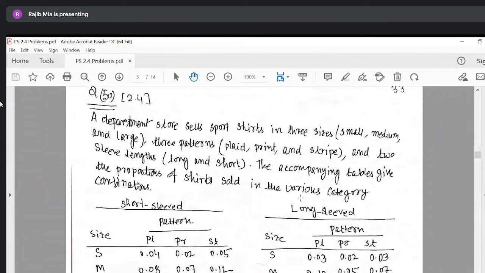Now see this question number 50. A department store sells sports shirts in three sizes: small, medium, and large. Three patterns: plain, print, and stripe, and two sleeve lengths: long and short. The accompanying table gives the proportions of shirts sold in the various category combinations.